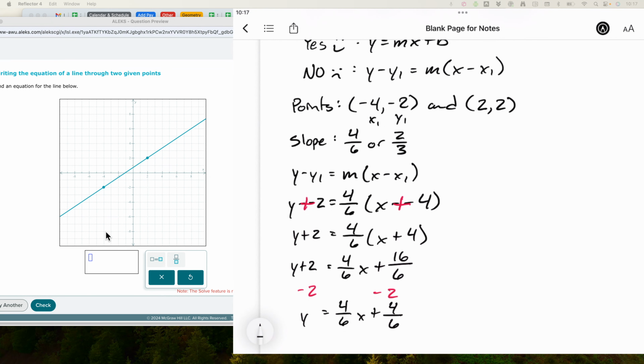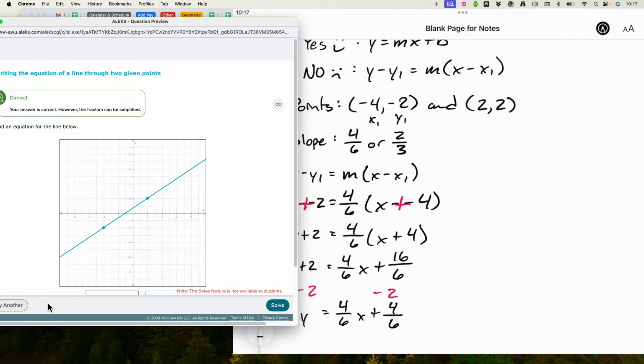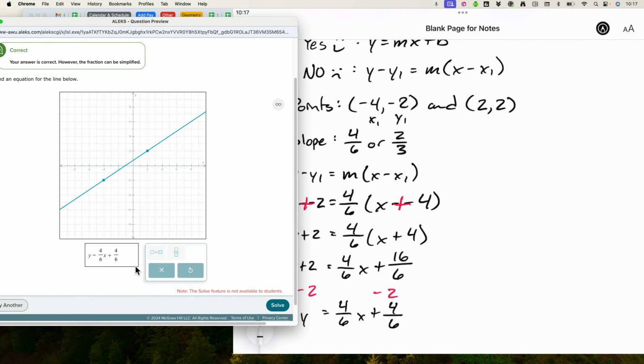Now 4/6 in both of those instances could be simplified to be 2/3, but Alex is not going to care. I should just leave it as 4/6, I suppose. Let's check our work. That's going to say I'm correct. And it would have counted me as correct if I changed one of these to be 2/3 or both of them.